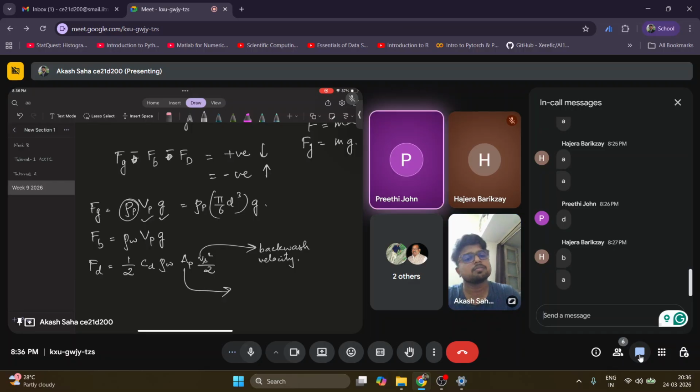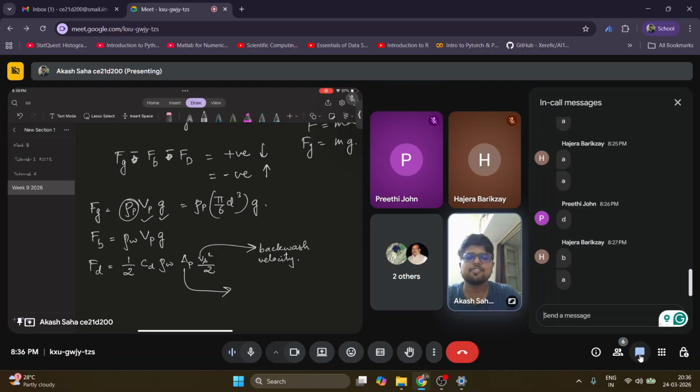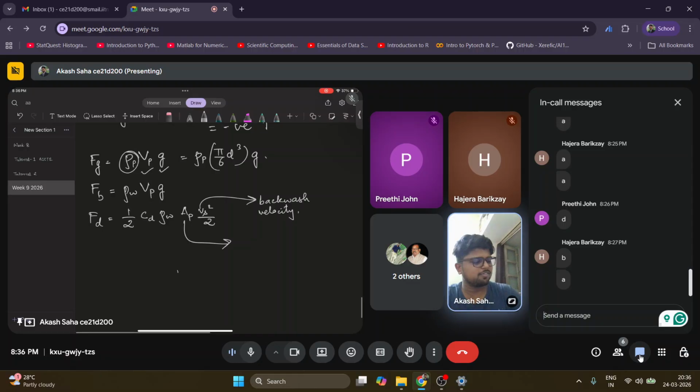Pi d squared by 4, the area of a circle. If you have a sphere, from the bottom it will look like a circle. So it will be pi by 4 d squared.